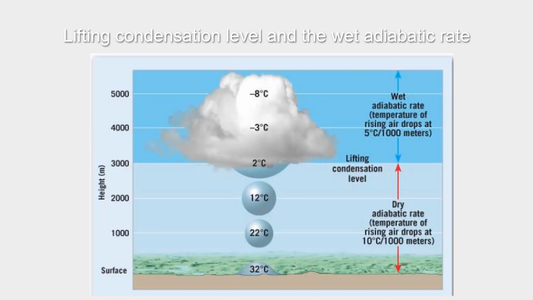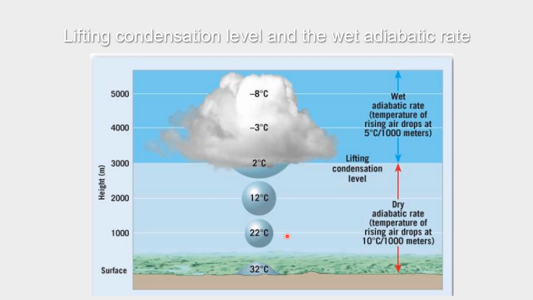Okay, now you see in this figure, in this graph, the lifting condensation level. In the vertical axis, we have the height in meters, and from the surface we have a temperature of 32 degrees Celsius. As you go up, the rising air expands and cools.